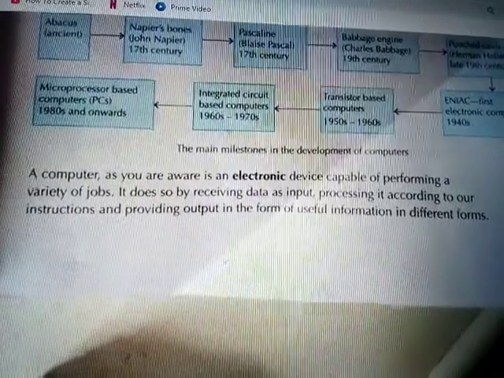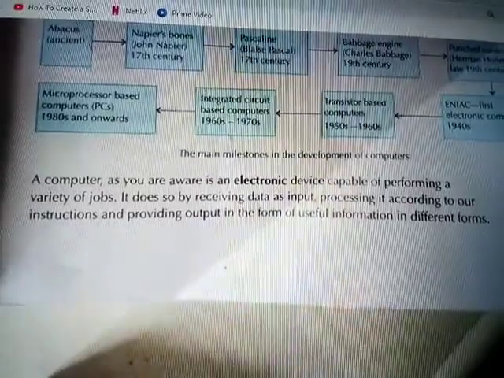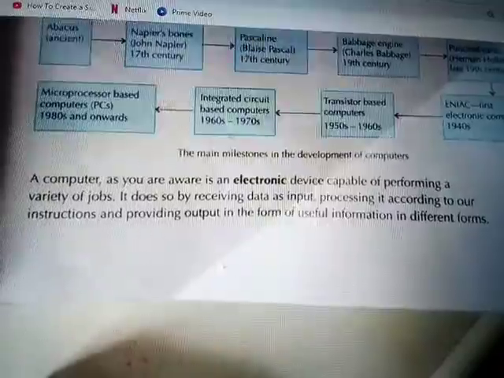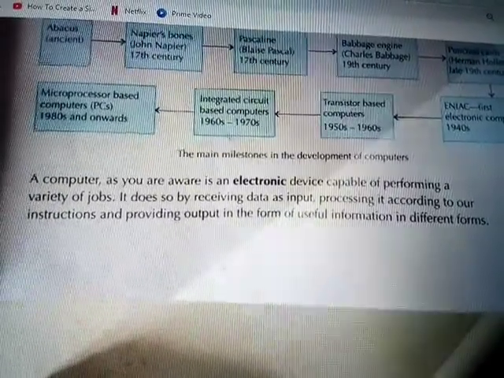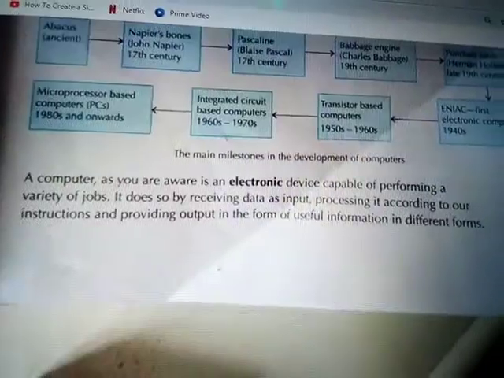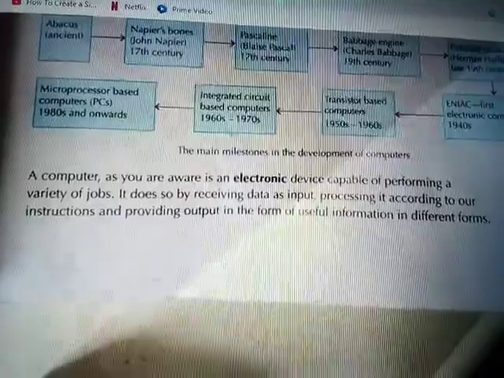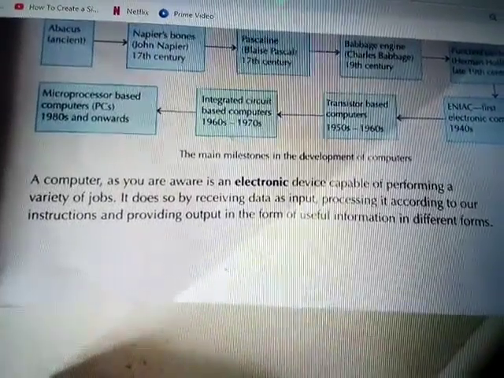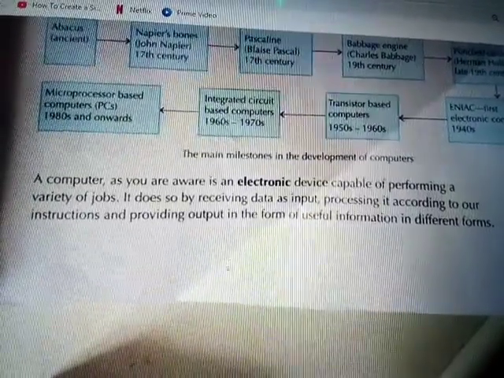Now the input is received. Then it processes that information with the help of the processor. Then the processor sends the result to the output device. The output device shows the processed result to us.